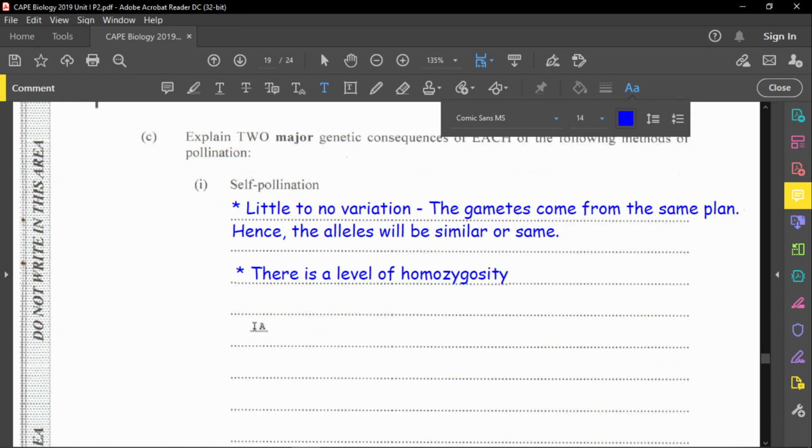The two points are related, so there'll be no difference in the offspring being formed. When they fertilize, the alleles will be pretty much the same.